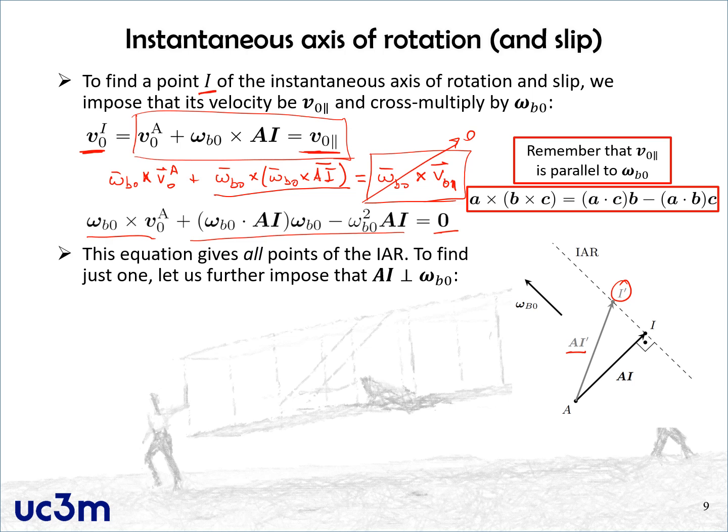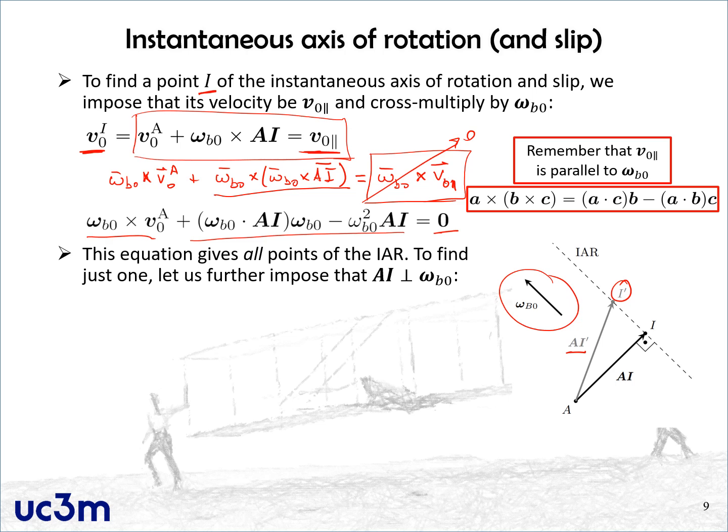So since we want to determine the direction and the position of the instantaneous axis of rotation, and its direction we already know, it is the direction of the angular velocity vector, all that we need to know is the position of one and only one point of this axis.